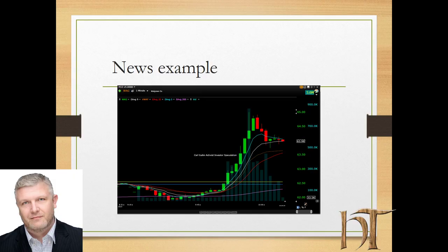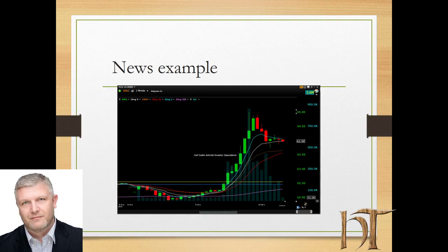So we know when they get into something, a lot of people are watching them. There are certain types of news that we just know is a big deal, and this is one of them. In this particular case, this is the 1 minute chart. It didn't even pull back. It just started ripping.